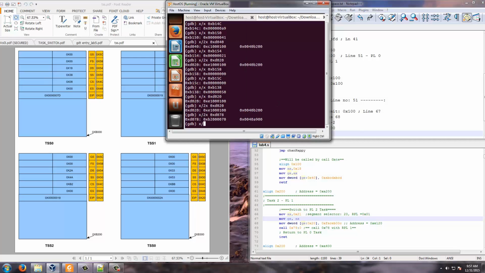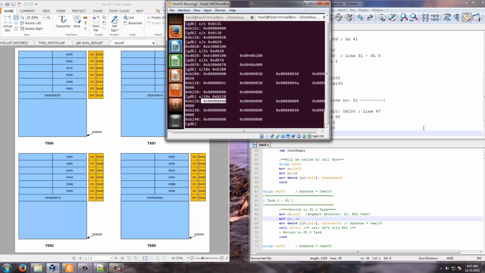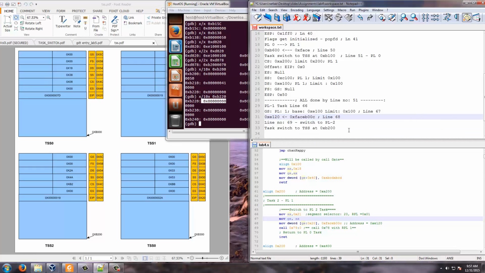So let us go and see what is there in B200. x/10x 0xB200, and there you see that I should first go and see where is EIP. x B220. So EIP is 0000.